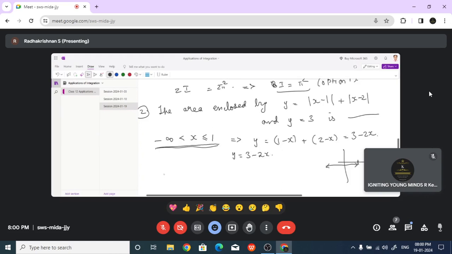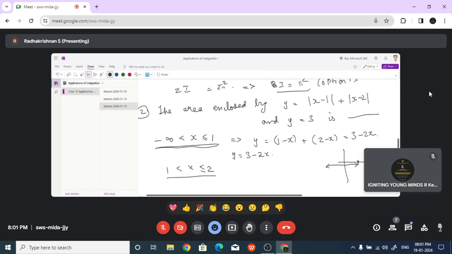Now, what is the equation in the range 1 to 2? Same logic, you apply the logic and tell me. Now, x value is more than this critical point, but less than this critical point.